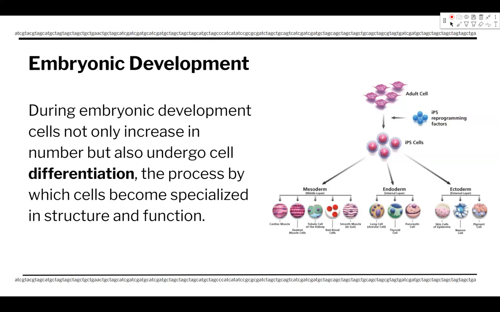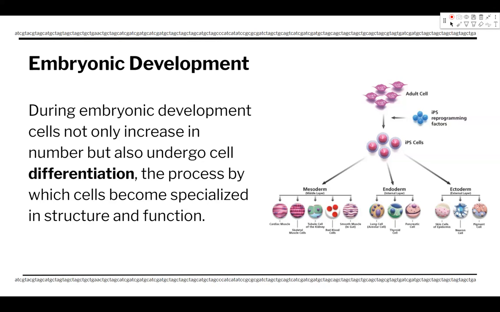The mesoderm cells are going to be cardiac muscle and skeletal muscle and red blood cells and smooth muscle. The endoderm is going to be lungs, thyroid, hormone based organs, and the ectoderm is going to be skin cells, pigment cells, and neuron cells.